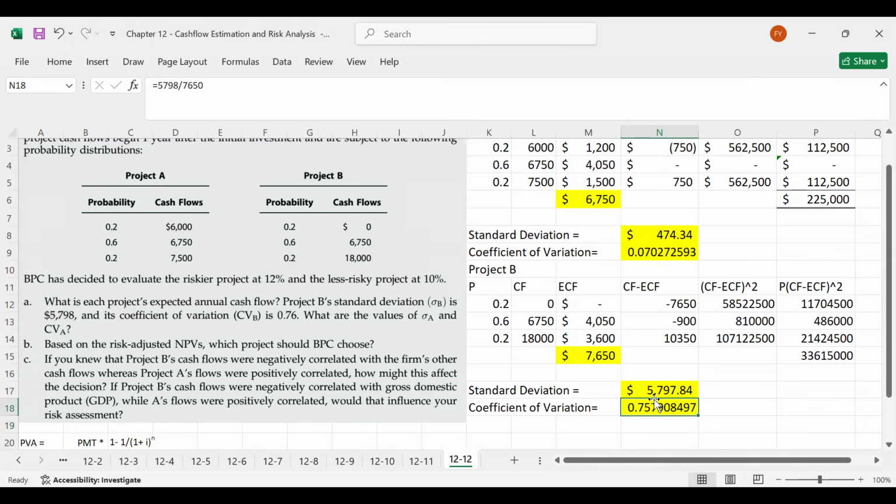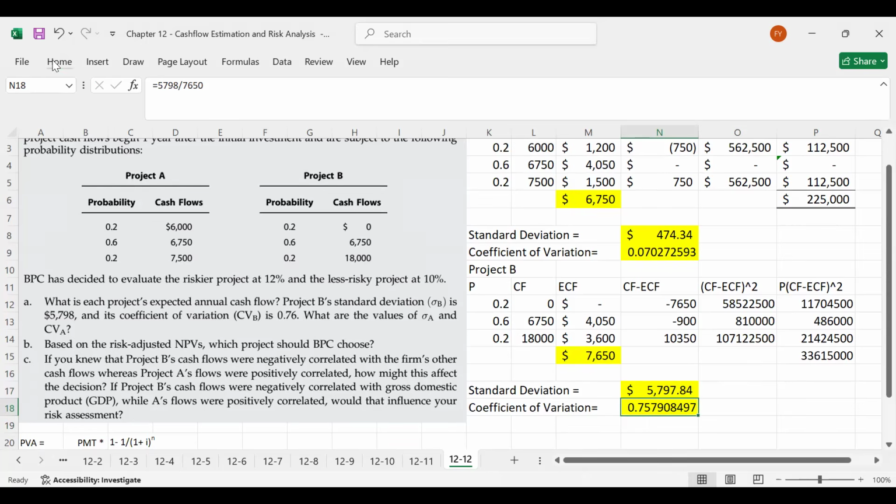So this is the coefficient of variation of project B. Okay, you can see that this coefficient of variation is similar to the one provided by the problem, 0.76, and here we have 0.7579.